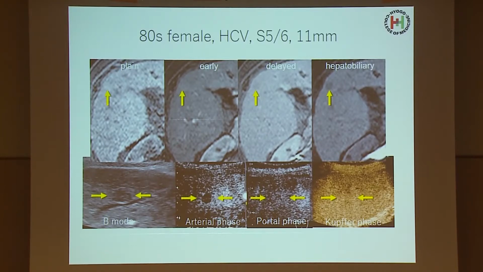In CEUS, this nodule was detected as hypovascular nodule on the arterial phase with iso intensity in Kupffer phase. Accordingly, this nodule was diagnosed as dysplastic nodule.